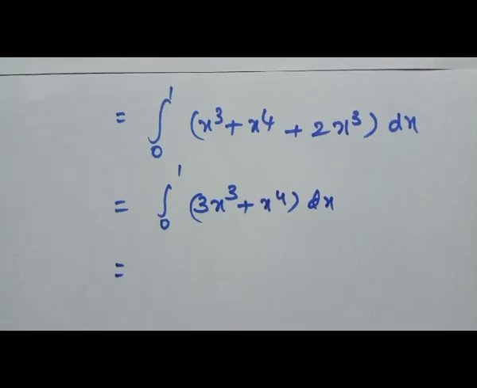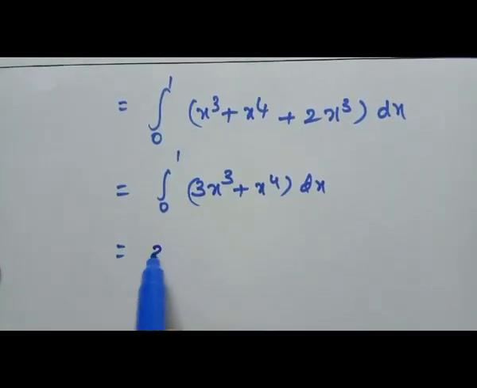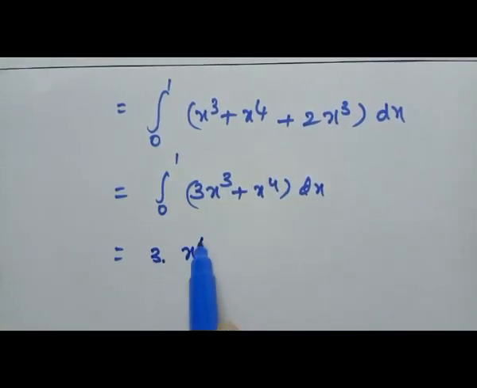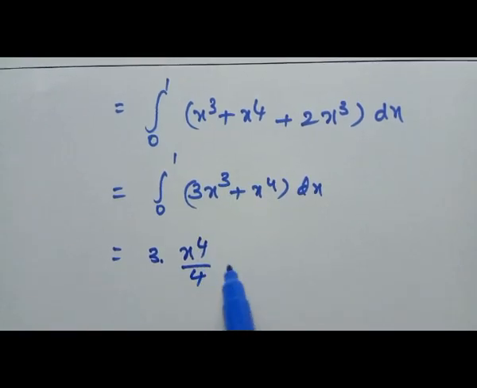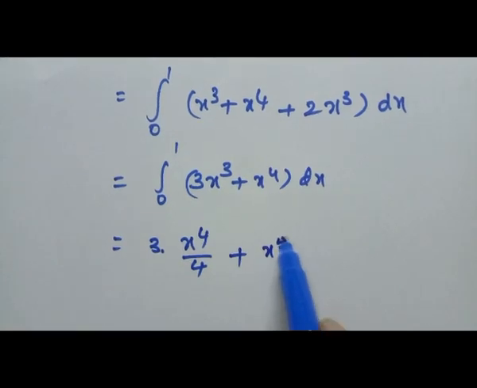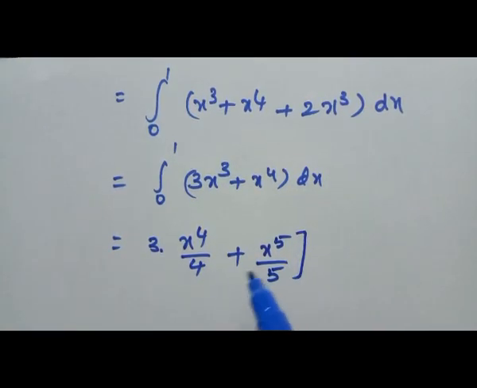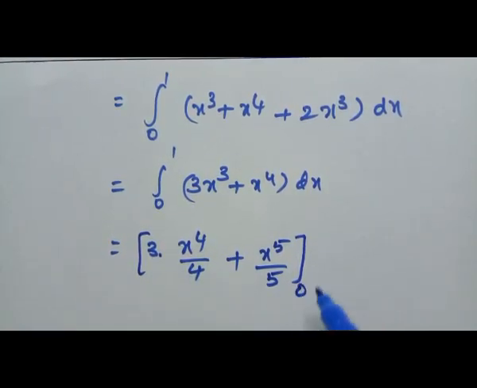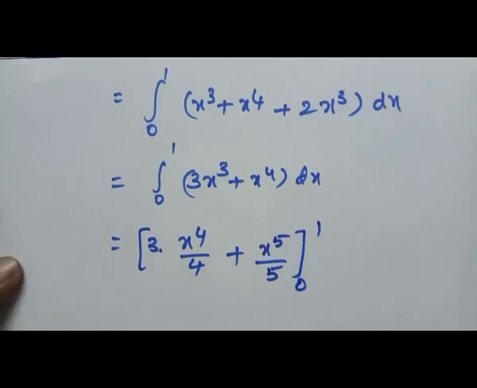Therefore this is 3 times x power 4 by 4 plus x power 5 by 5, with lower limit 0 and upper limit 1.